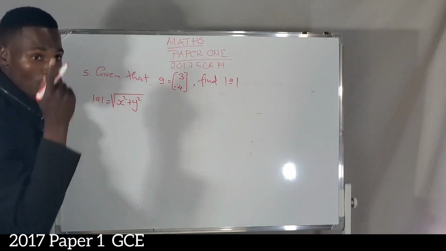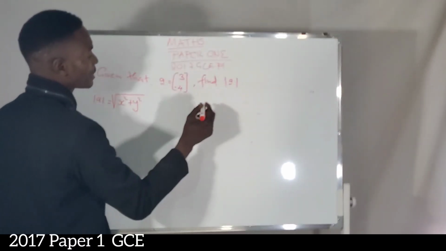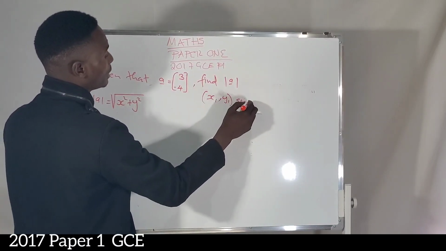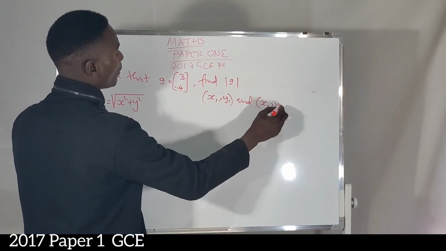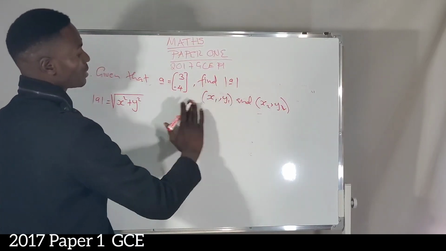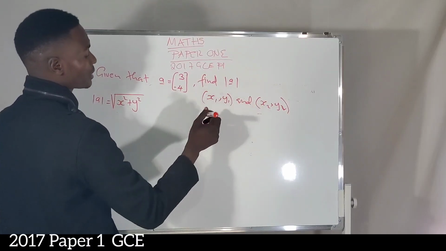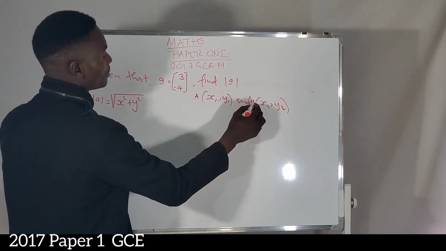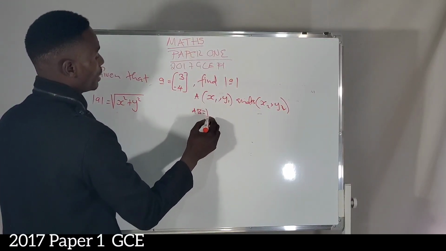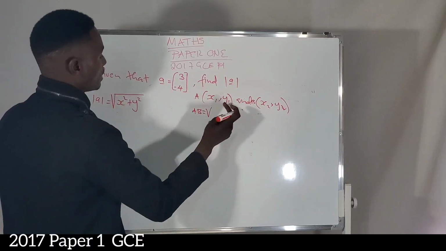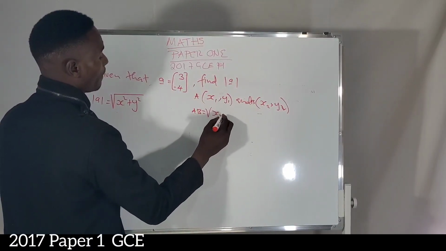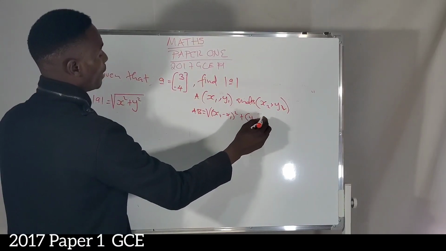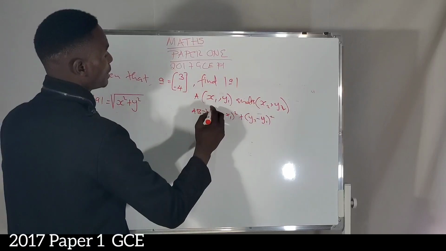Now, if you have 2 points, let's say you have 2 points in the form of x1, y1, and x2, y2, to find the magnitude, the size of the 2 points, or the length, in short, you can say, let's say this one is A and this one is B. So you can say AB will be the square root of the difference in the x value, which is x2 minus x1 squared plus y2 minus y1 squared, like this.